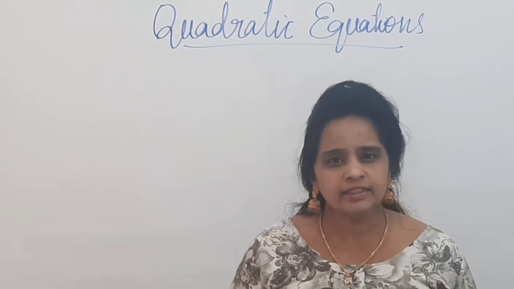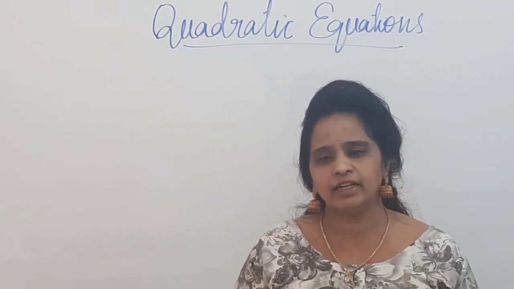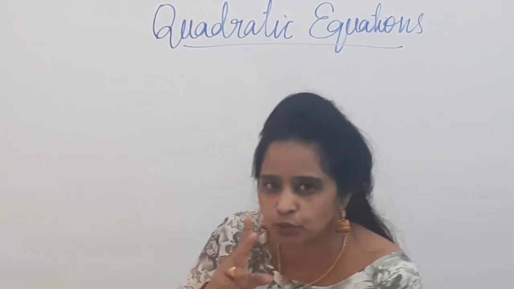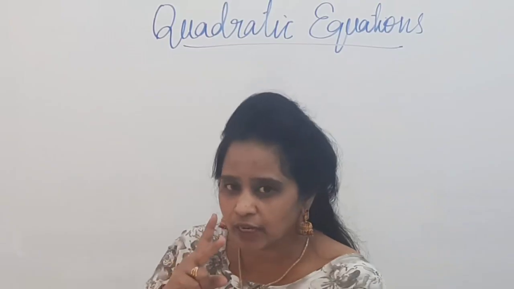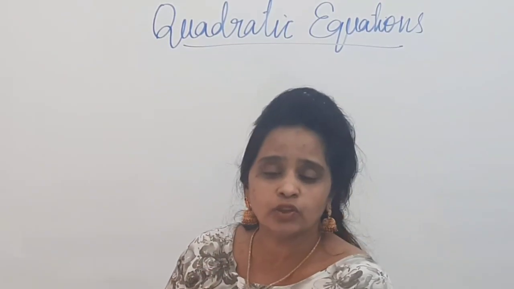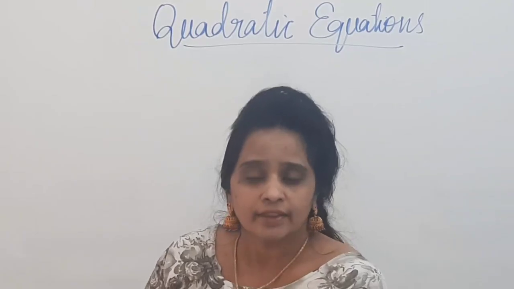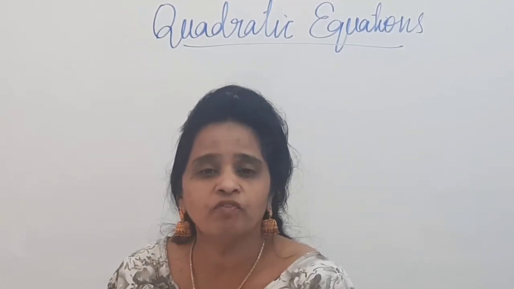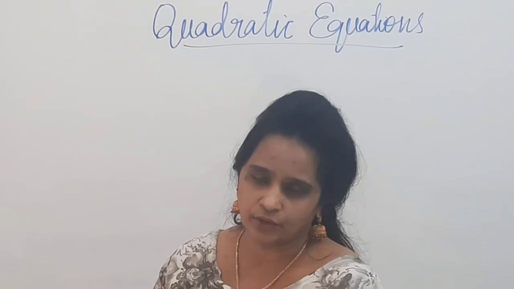So you will understand by learning this pair of linear equations, when two statements, that is two conditions, are given, and two unknown values are asked to find. At that time I have to frame the pair of linear equations.